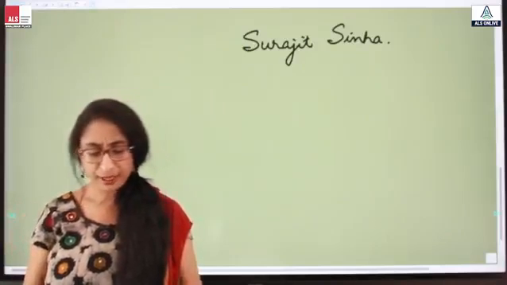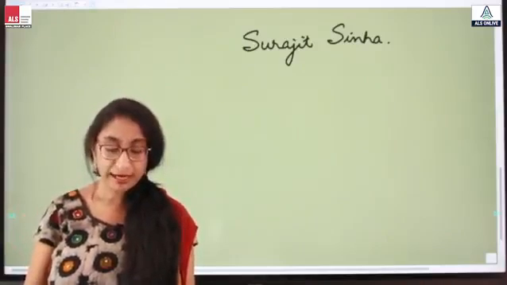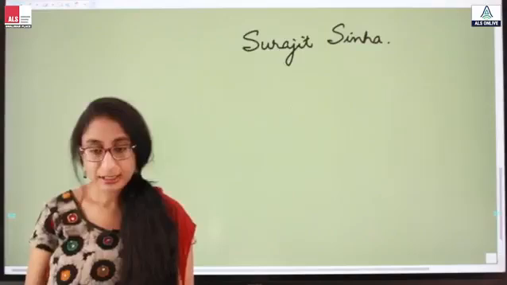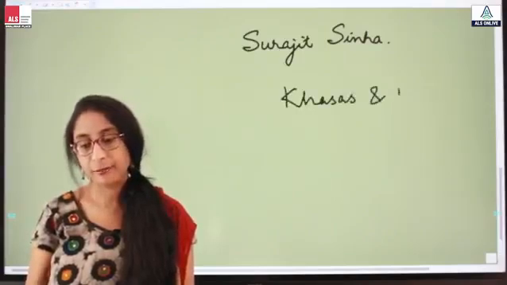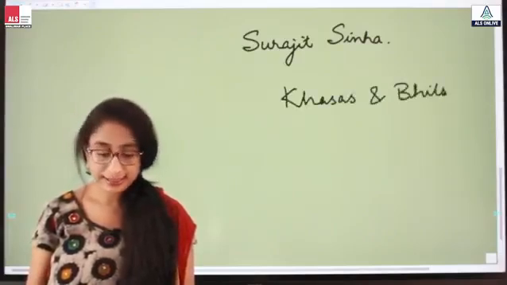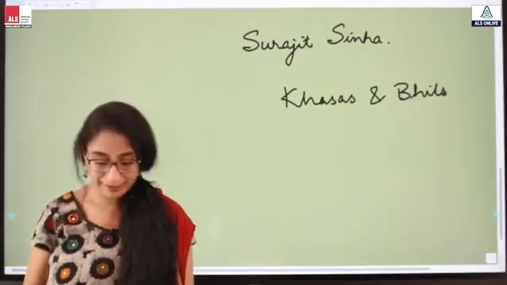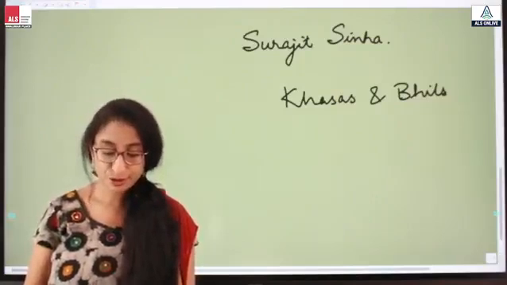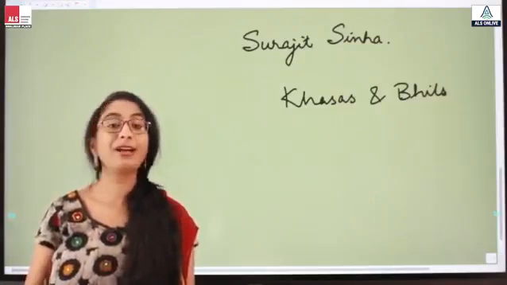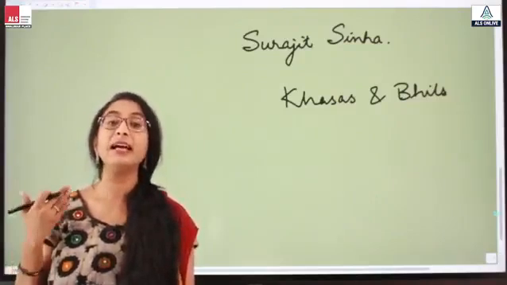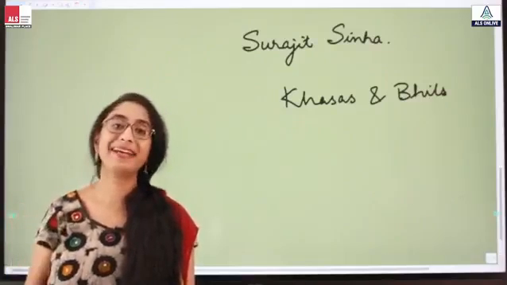In Mahabharata and Ramayana, there is mention of the little tradition of khasa and bhils. So what does this show? This shows that the process of exchange of little tradition and great tradition did not happen very recently. It has been happening since a very old time, even from the time of Mahabharata and Ramayana.